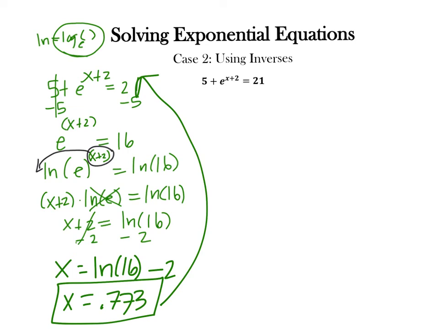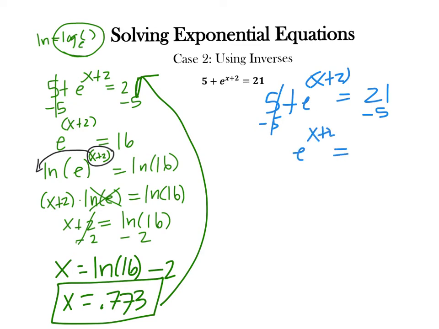Okay, so I'm going to do the same problem but using logs. I have 5 plus e to the x plus 2 equals 21. Subtract the 5 on both sides. e to the x plus 2 equals 16. Take the log of both sides. I'm going to take the log on the left and then the log on the right.